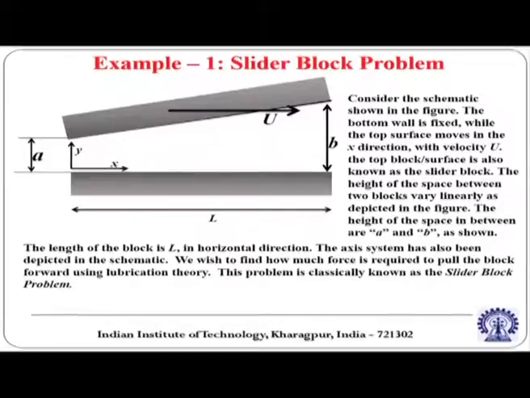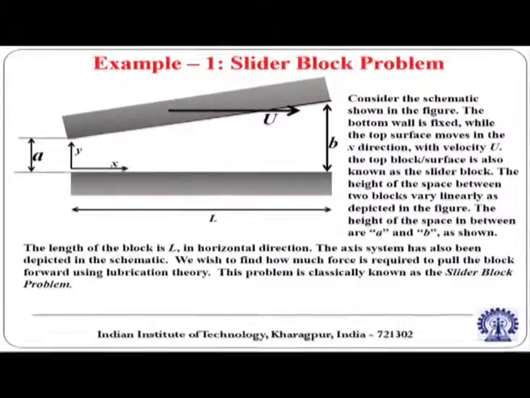The axis system has also been depicted with x and y axes as shown in the figure. We wish to find out how much force is required to pull the block forward using the lubrication theory. This problem is classically known as the slider block problem. This is a very classical problem.